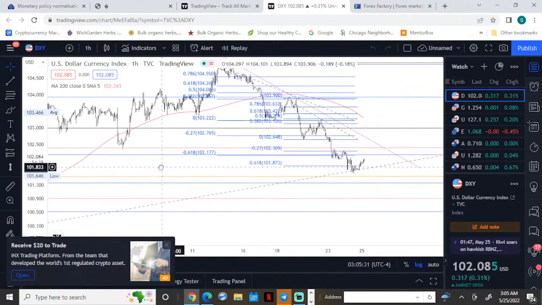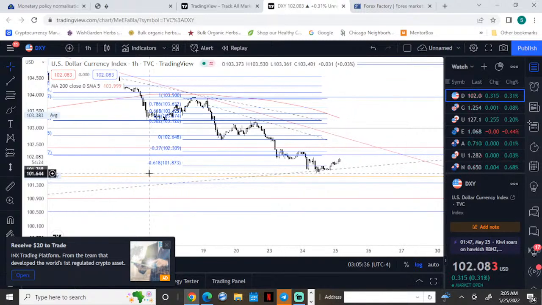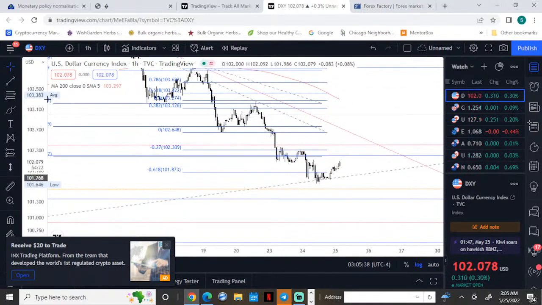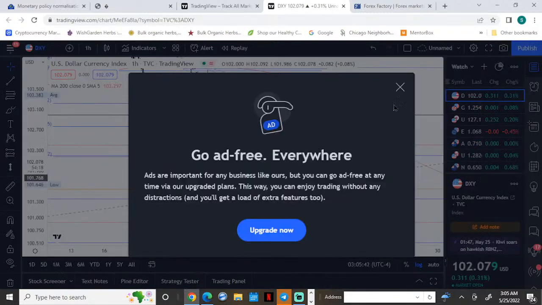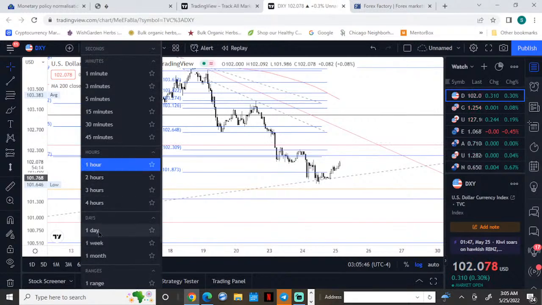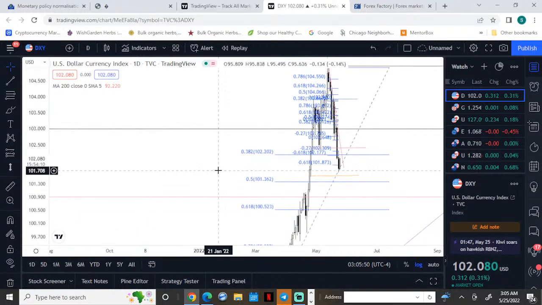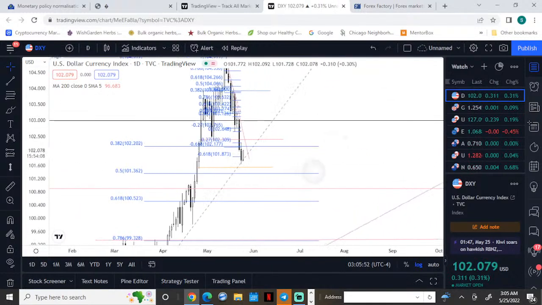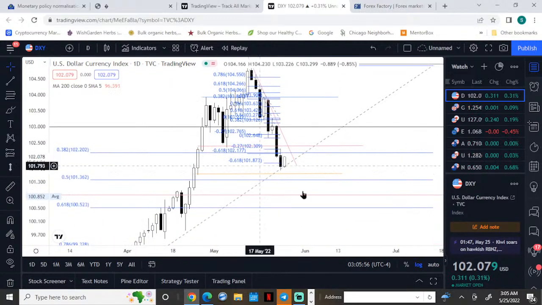I was expecting the dollar to continue to sell. I wanted to see yesterday's, excuse me, candle continue to drop to this yellow line.